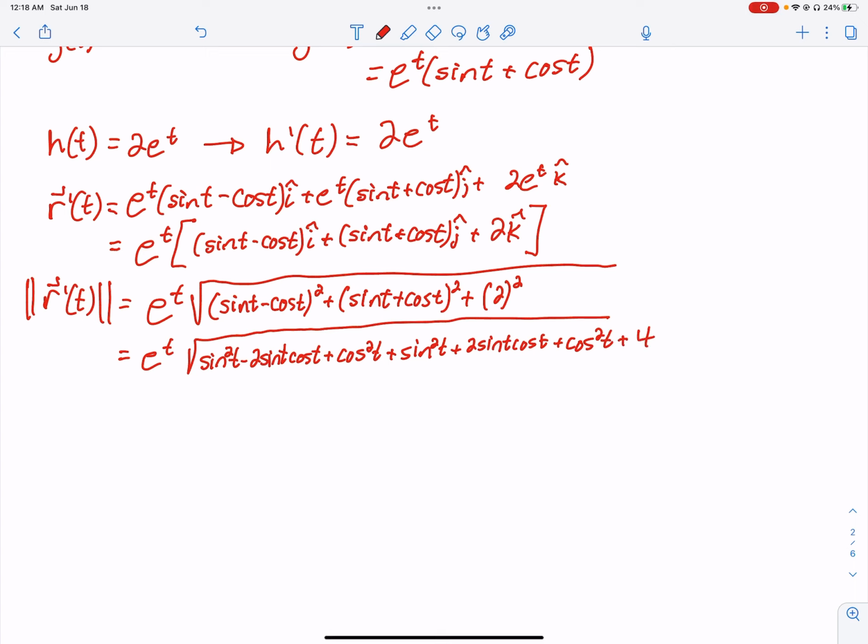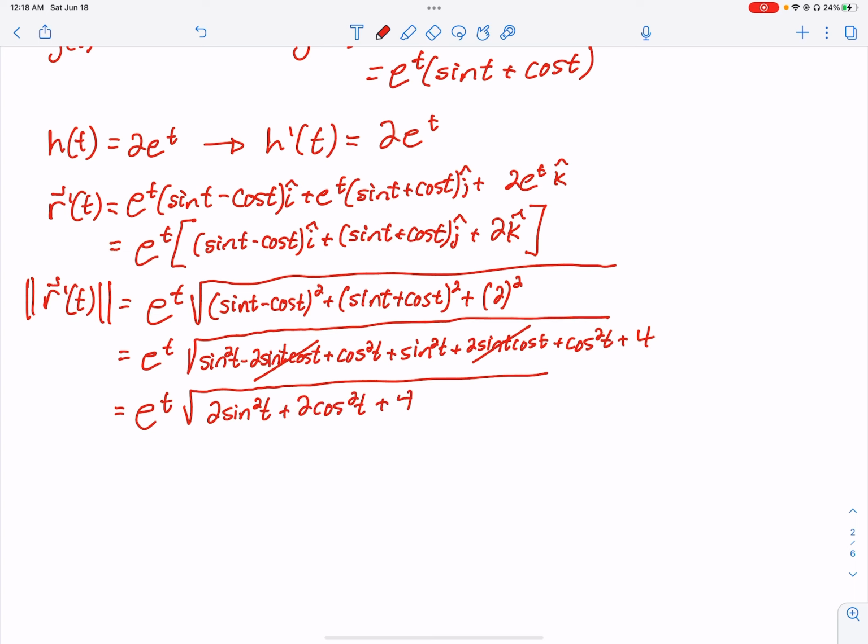We have two terms in there that cancel, this one and that one. So we have e to the t times the square root of 2 sine squared t plus 2 cosine squared t plus 4. All right, you can see how I got that. And then we can factor out that 2.